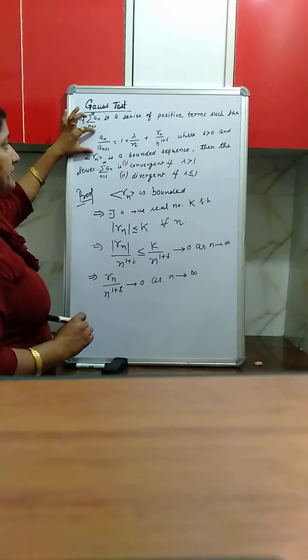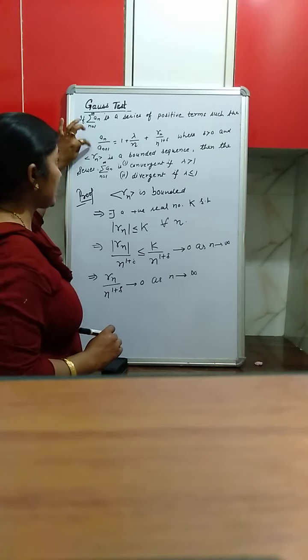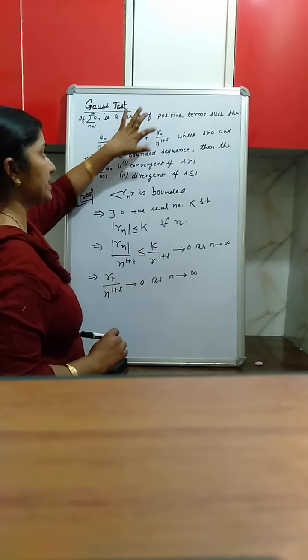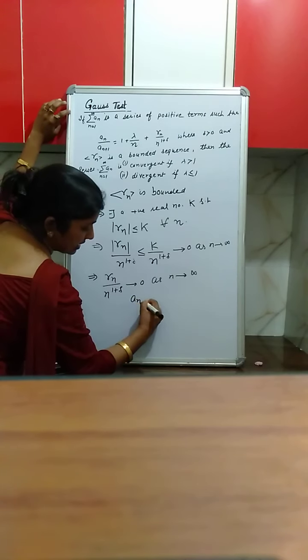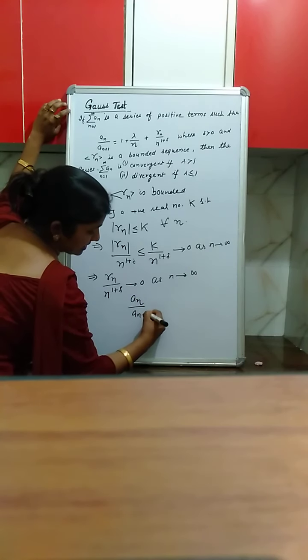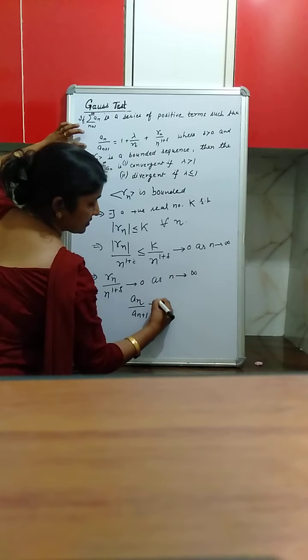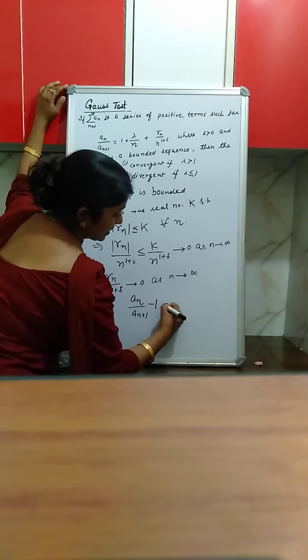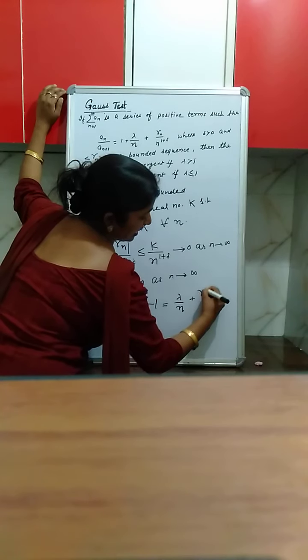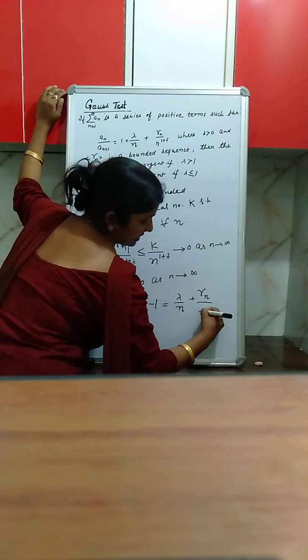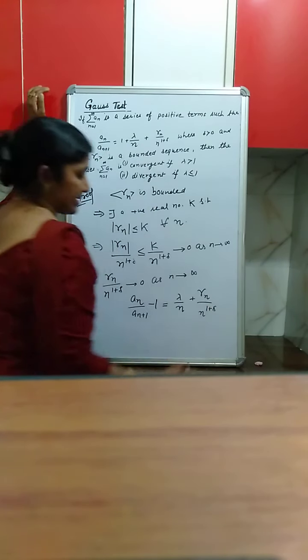Now from the given expression, a_n upon a_(n+1) is 1 plus lambda by n plus this expression. So from here we can calculate a_n upon a_(n+1) minus 1, which is equal to lambda by n plus gamma_n upon n raised to the power 1 plus delta.